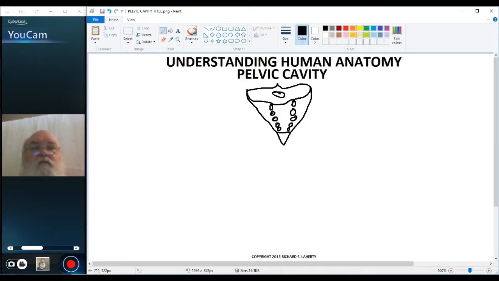Then we'll sketch in the iliac wings, coming down to the pubic bone.